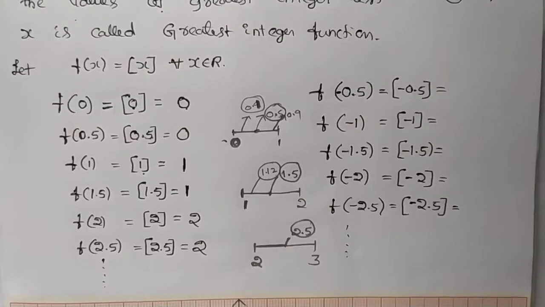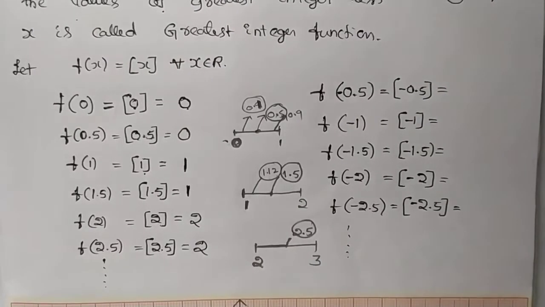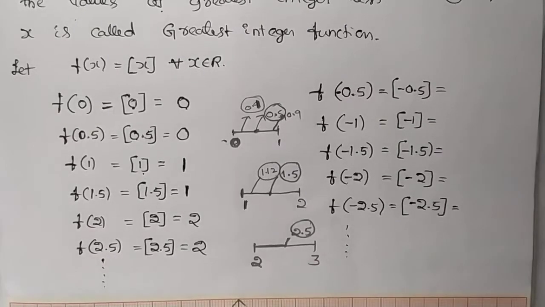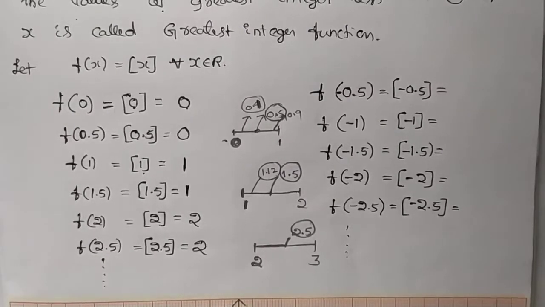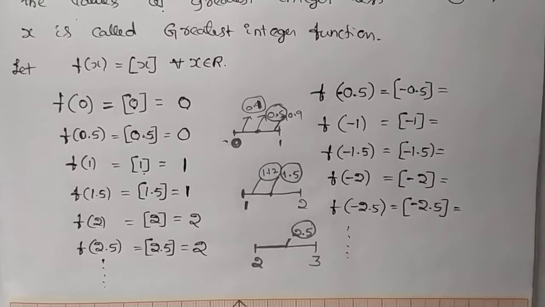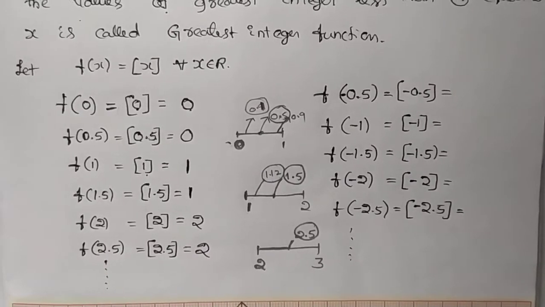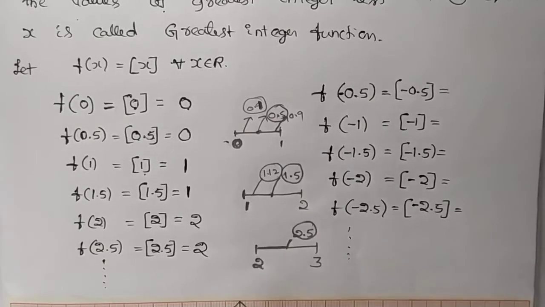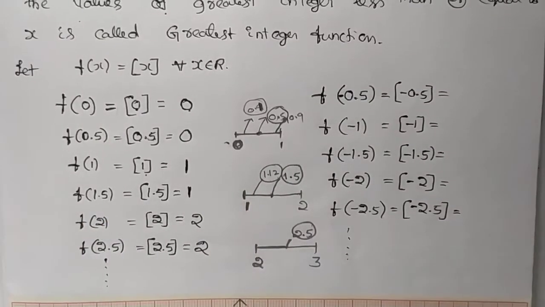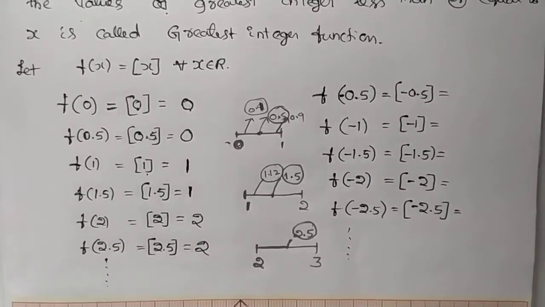It will be 9 only. The greatest integer for the value 100.3 will be 100 only. So it is about the positive values.